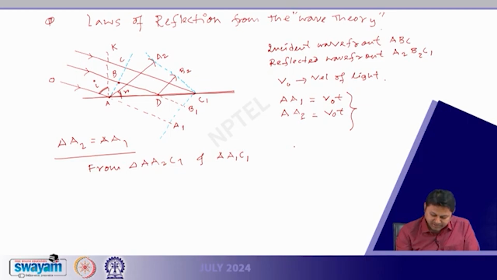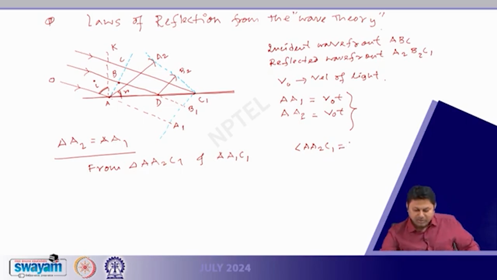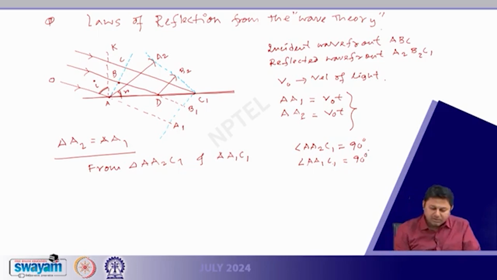So, let me write it here, angle A2 C1 is equal to 90 degree, and A1 C1 is also 90 degree, and they have a common line AC1 and also AA2 and AA1, they are same.